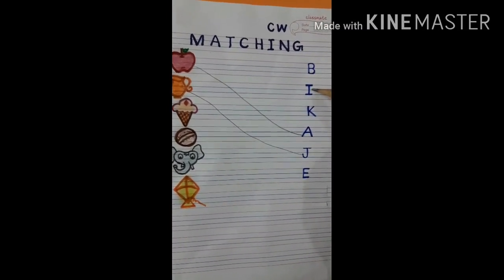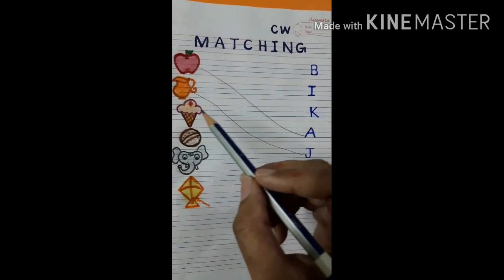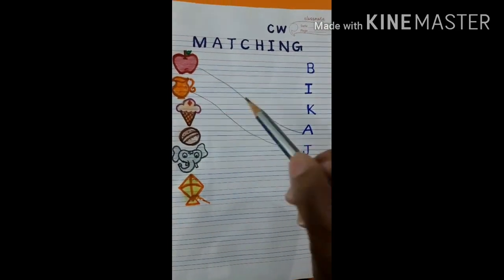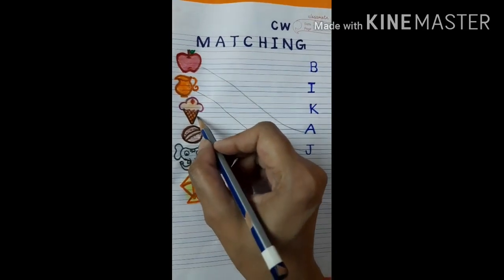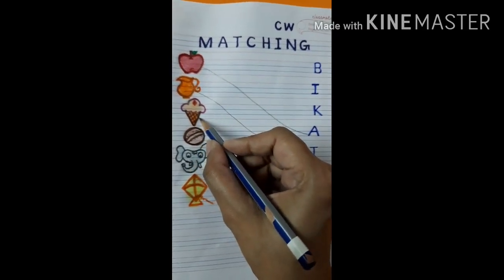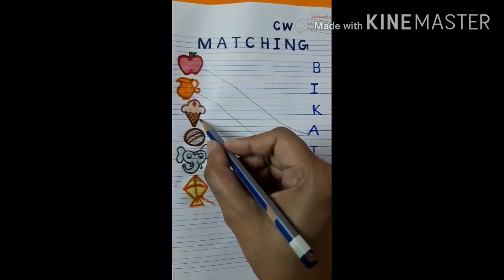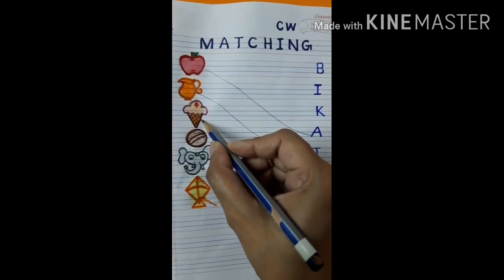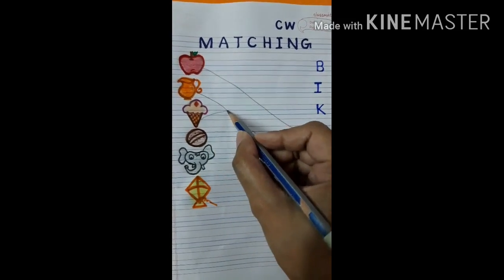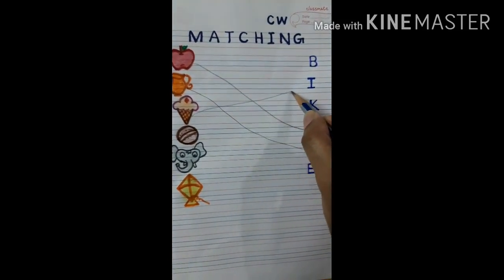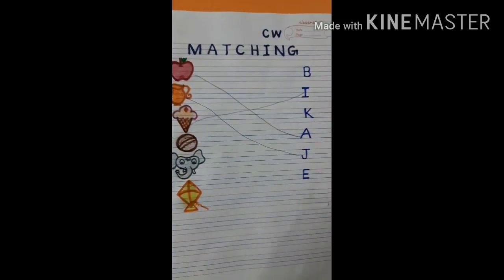Letter I. I for ice cream. So keep your pencil on picture ice cream. Then we will go towards letter I.